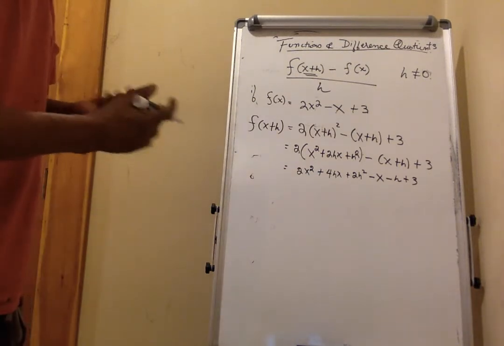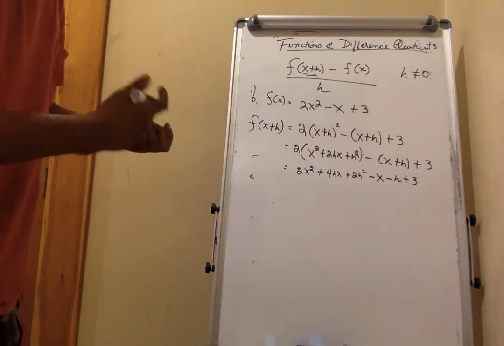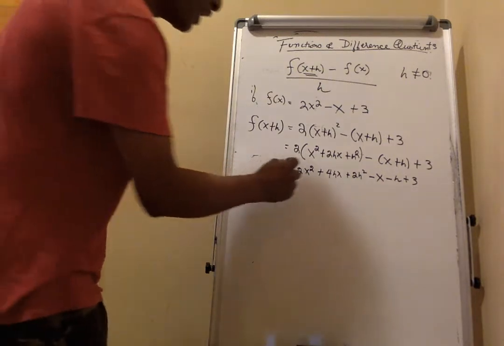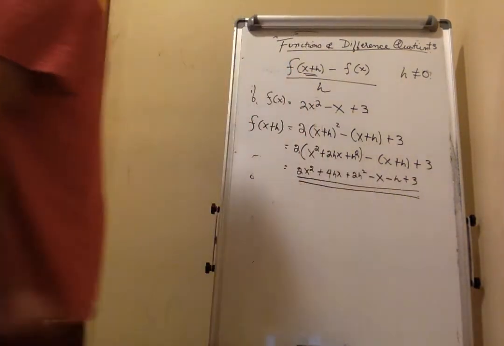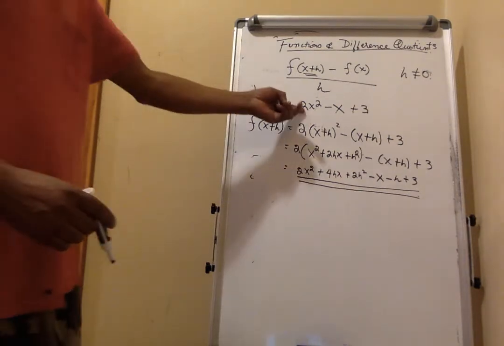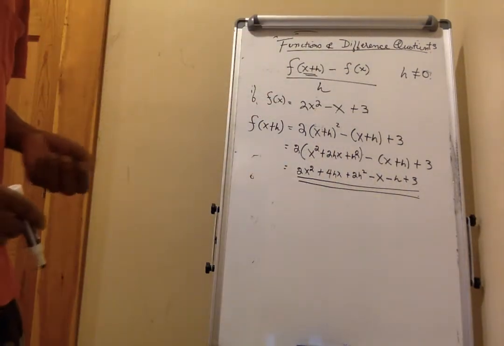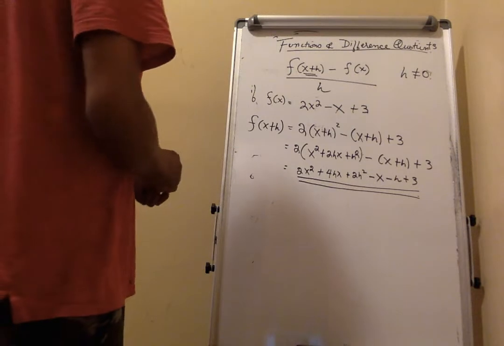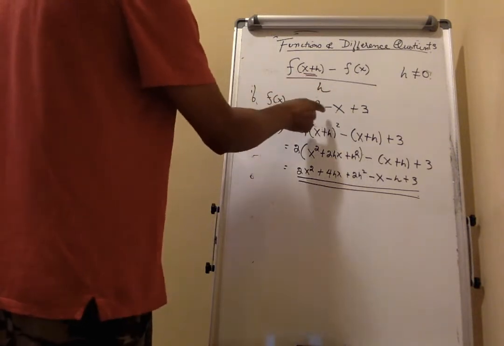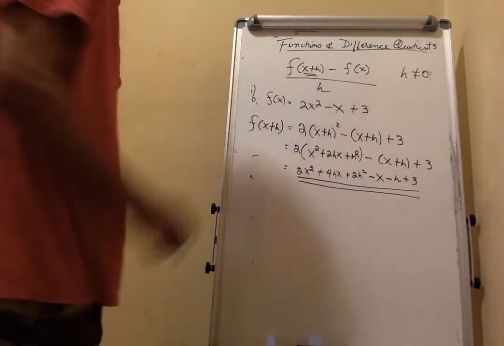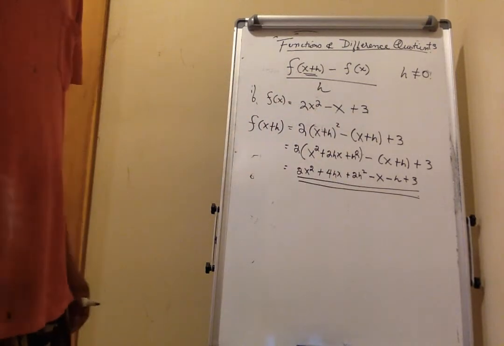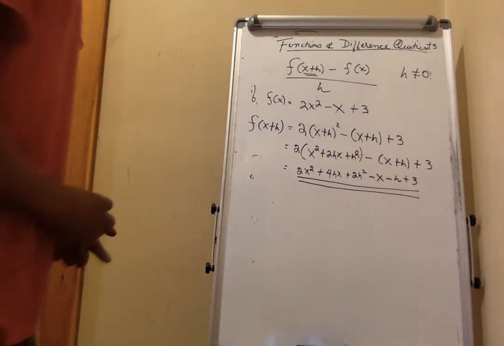And probably, let's see, there is nothing that we can actually simplify. So this becomes your f of x plus h. Your f of x is 2x squared minus x plus 3. So what we're going to do with this would be what? We are going to subtract this f of x from this and divide it by h. And then that's how we can find the slope or the difference quotient.